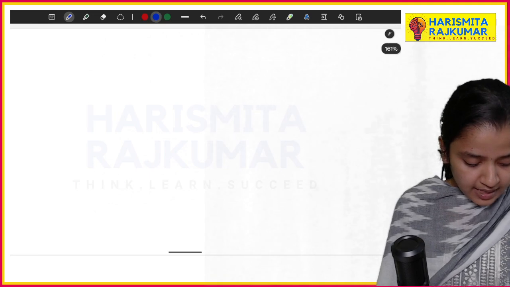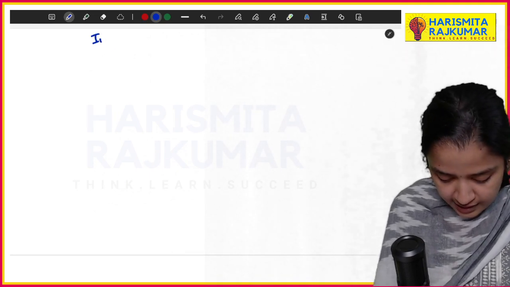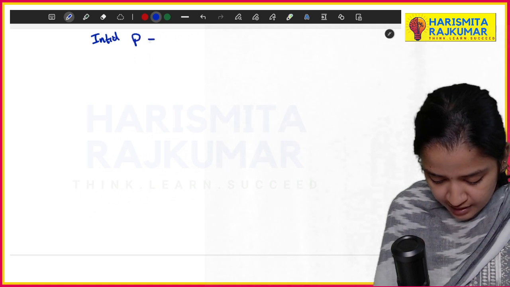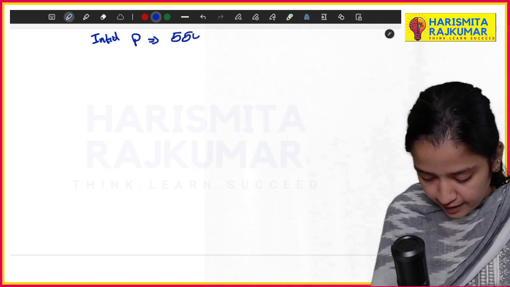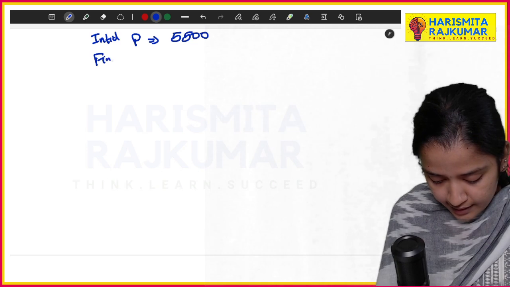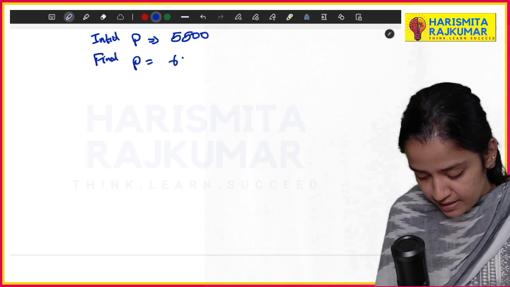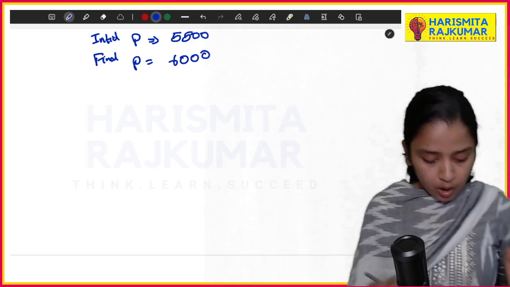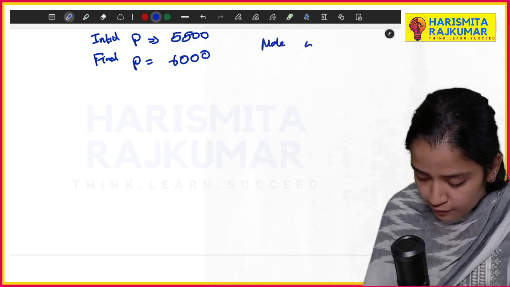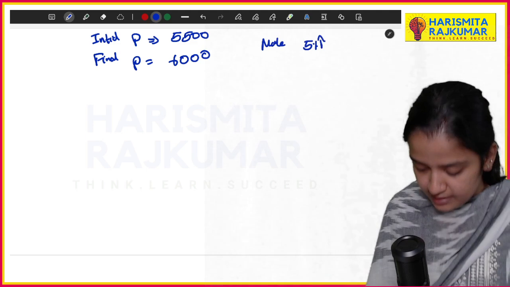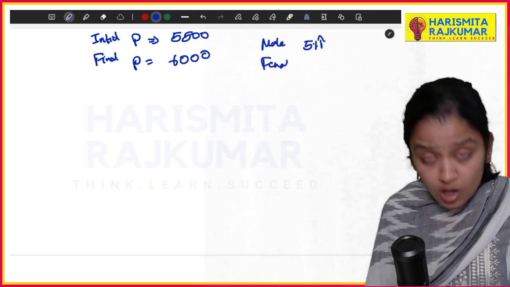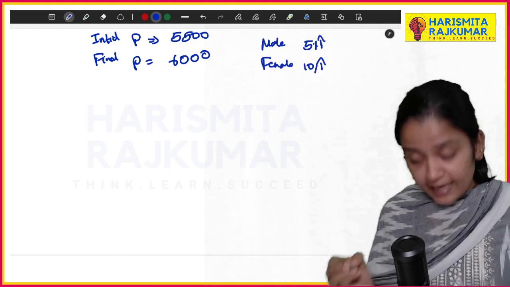Let us assume the initial population is 5,500, and the final population is 6,000. Male has a 5% increase, female has a 10% increase.